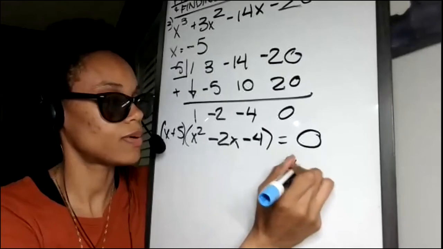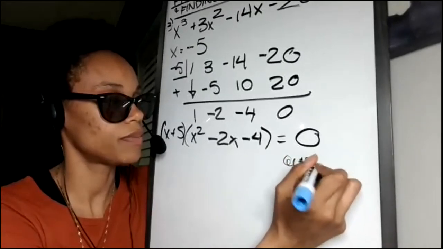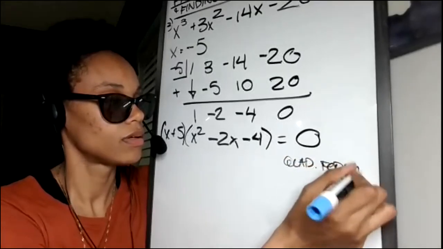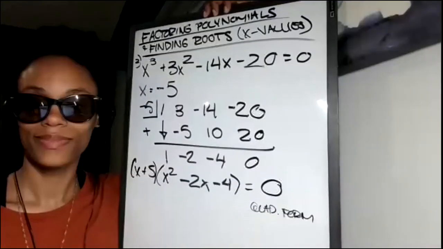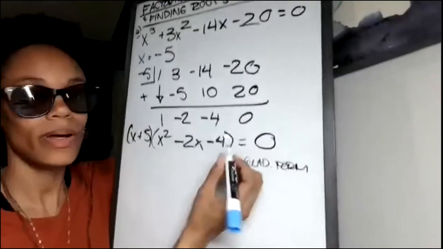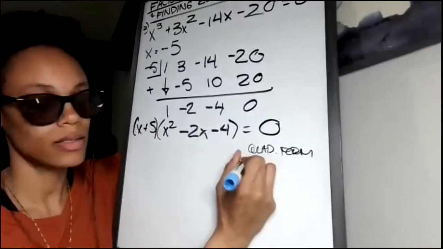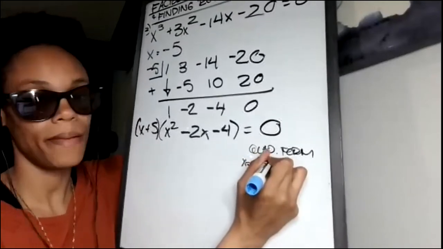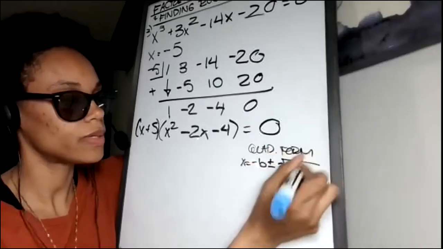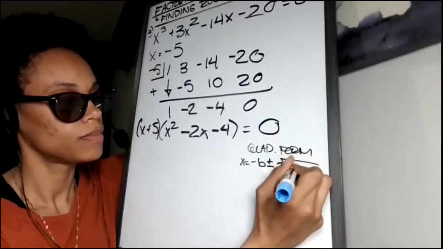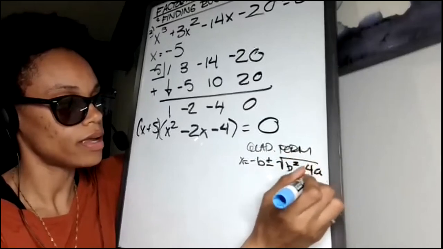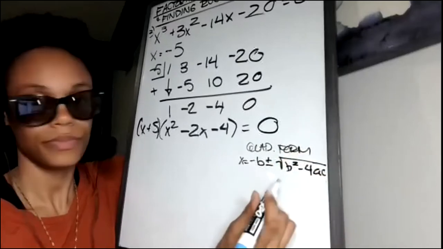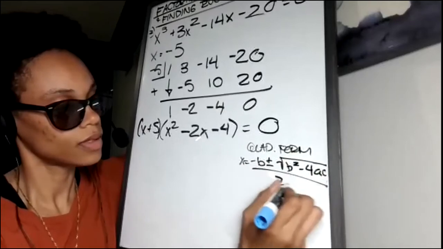Let's just hop right to the quadratic formula because that's going to work every time. And we remember that our quadratic formula is x equals -b plus or minus square root b squared minus 4ac all over 2a.